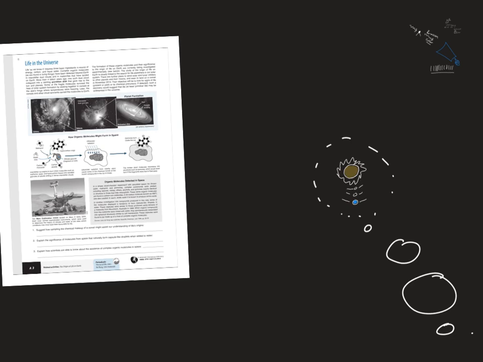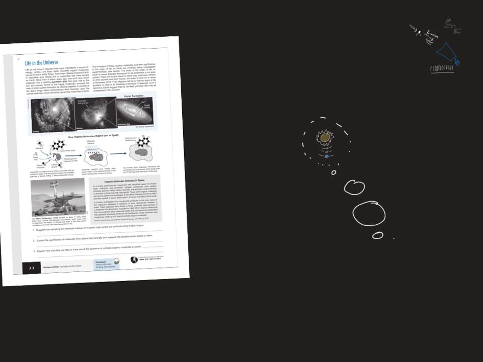Then we have the Kuiper belt. But in any case, you have all these planets out there. Well, there are objects that come around every once in a while, and how often they come around depends on how far away they are. These things are called comets, and when we look at the sky, we see them.